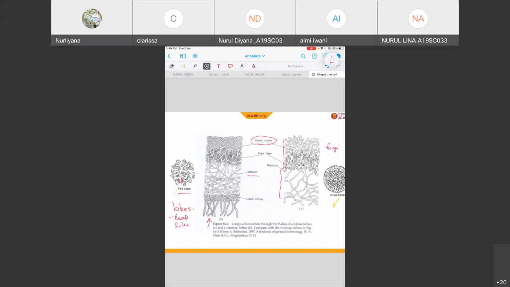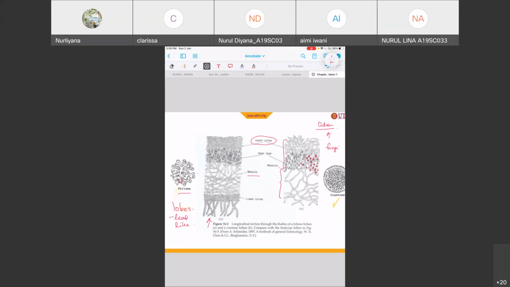This is where your algae is located. That is why only green algae and cyanobacteria can coexist together with fungi to make one organism that is called lichen.